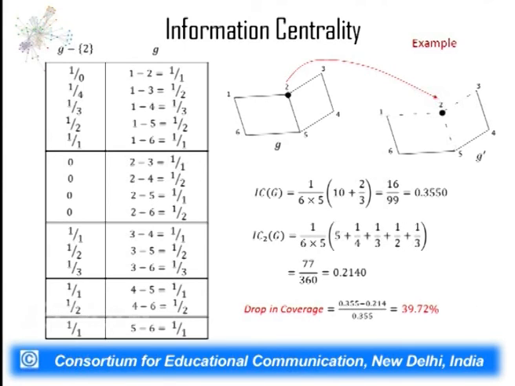Obviously they are going to have an impact on the calculation itself, so we get 0.2140. Now, to find the drop in coverage, a simple calculation shows a 39.72% drop in the communication coverage or information coverage if node 2 is removed, which seems to be quite an important loss in the network.